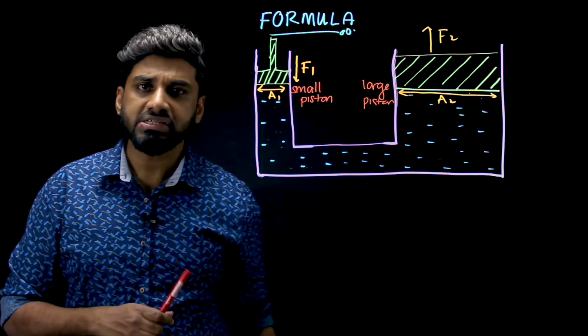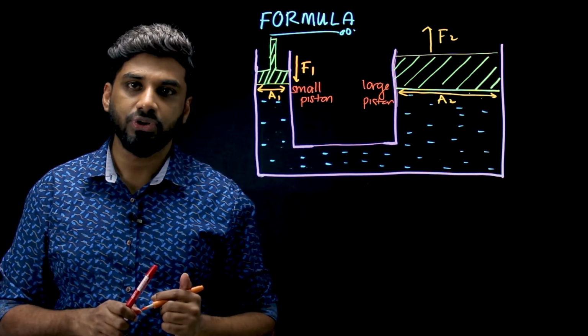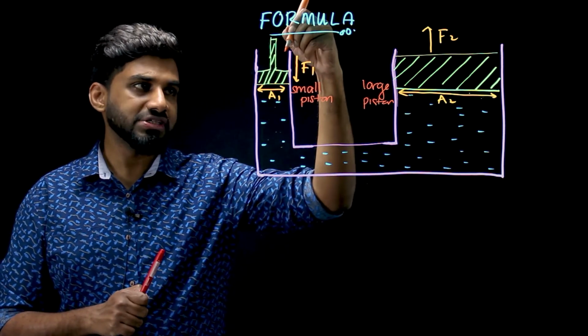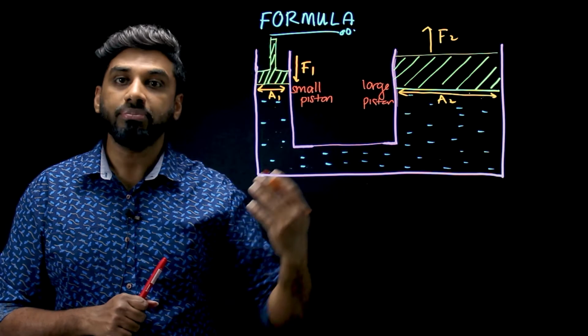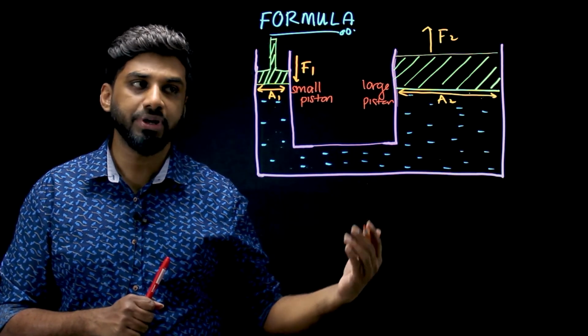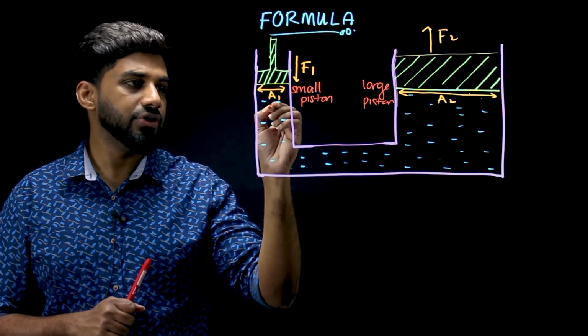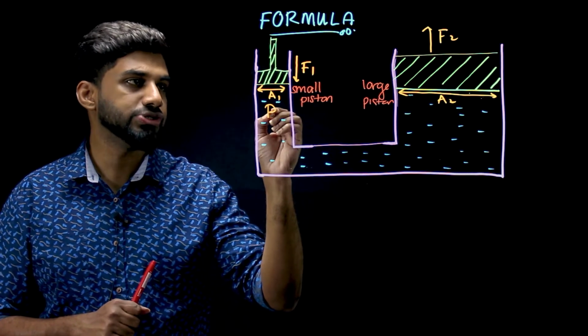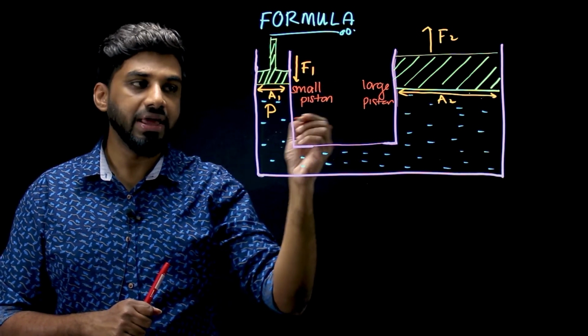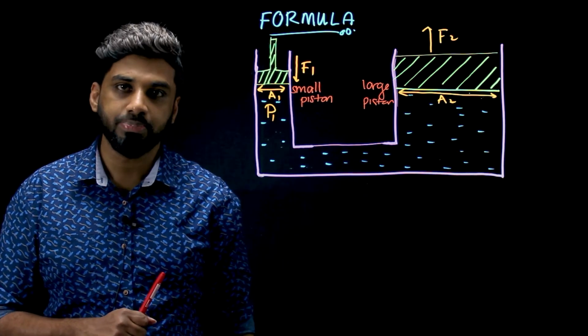Now let's see how the system works in relation to the formula. When a force is applied on an area, from the definition, pressure is the force acting per unit area. Therefore, we have a pressure produced on the smaller piston when the piston is pushed down. Let me label the pressure here as P1.